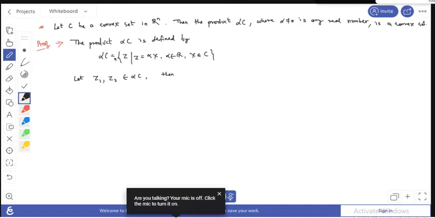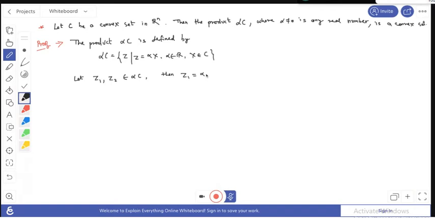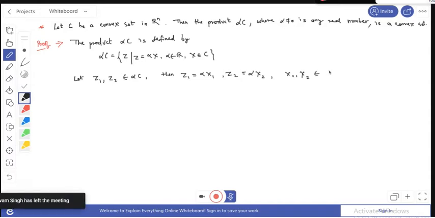Similarly, z2 equals alpha of x2, where x1 and x2 belong to this convex set C, and of course alpha is a real number.